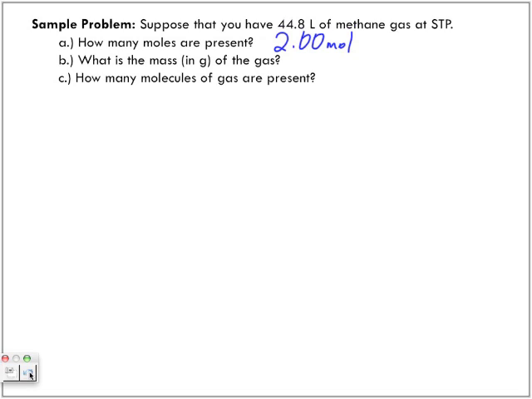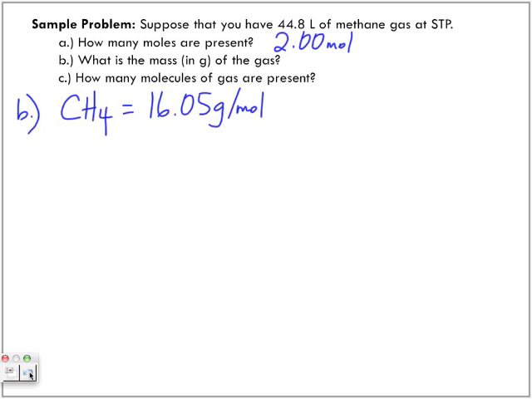So now, what is the mass of the gas? Well, to do that, what is the formula for methane? CH4. What do you think we're going to need to find? Molar mass. To save you guys the time, it is 16.05 grams per mole. We want to find the actual number of grams present.